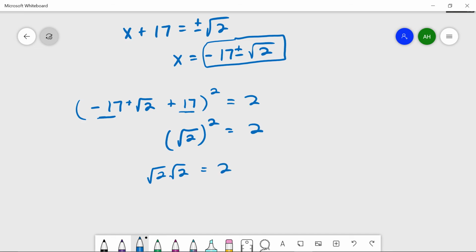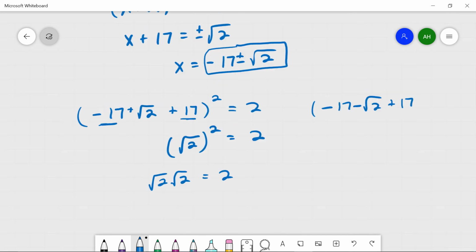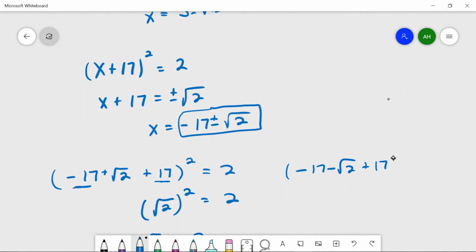Okay, so over here, that was trying this out with the positive, let's say I've got negative 17 minus the square root of 2, plus 17, back to our original problem up there, squared equals 2. Okay, so I've just plugged this into that.